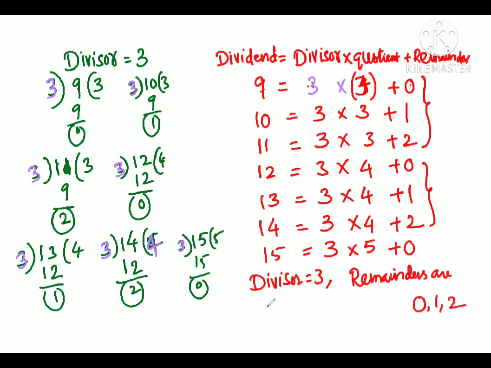Let a number, the dividend, be A, with divisor 3, some possible quotient Q and remainder R. Then R is equal to maybe 0, 1, 2. In this way, we can generalize about the divisor and possible remainders.